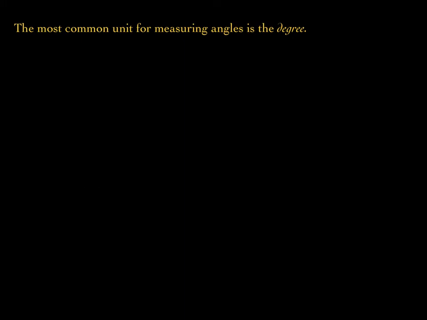Now, the most common unit for measuring angles is the degree. Degree measure was developed by the Babylonians like 4,000 years ago. So we're going to be using degree measure a lot in our course. We assign 360 degrees for a complete rotation of a ray. So all the way around, 360 degrees.